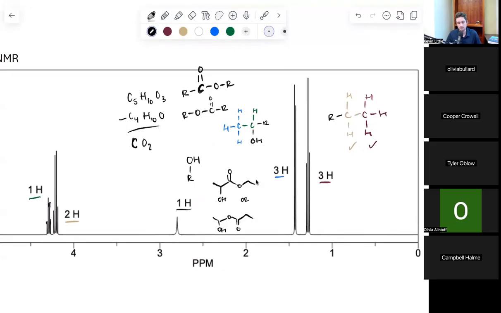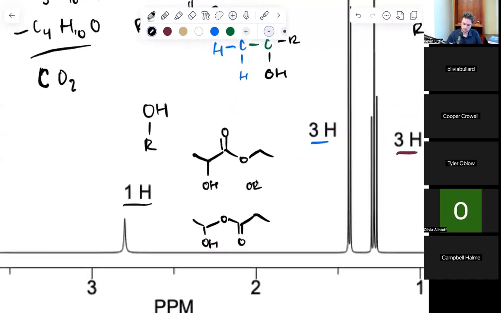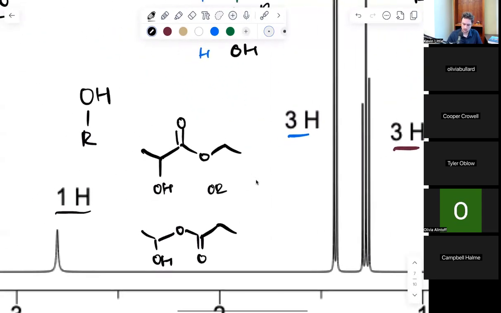In order to figure that out, I have to start looking at shift. Specifically the shift of these 2 hydrogens and this hydrogen will tell me a lot.